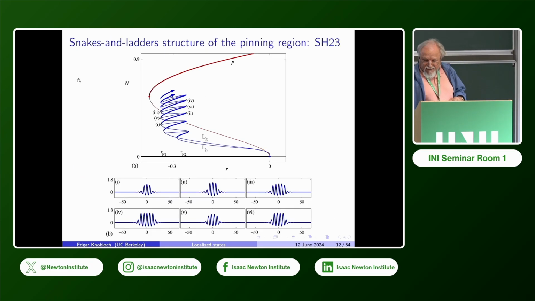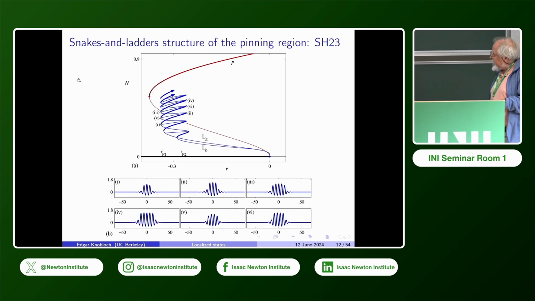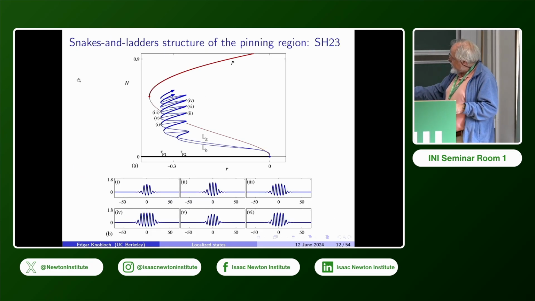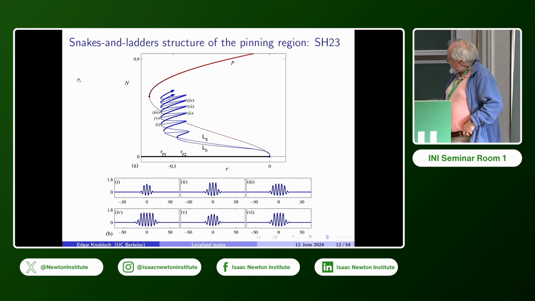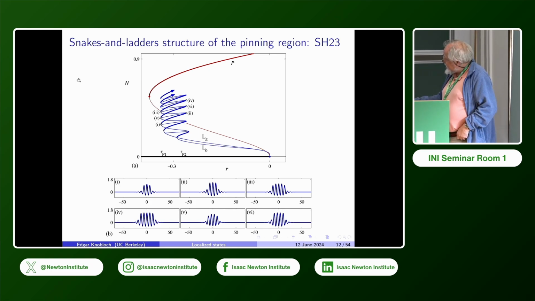And so what that means is that if you look at a bifurcation diagram showing the norm of the solution as a function of the bifurcation parameter, I've just analyzed this region over here. The homogeneous state is stable until you reach R equals 0. You have a bifurcation to a periodic state. That's the extended state, in red here.